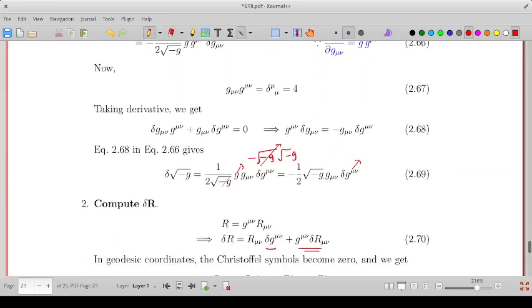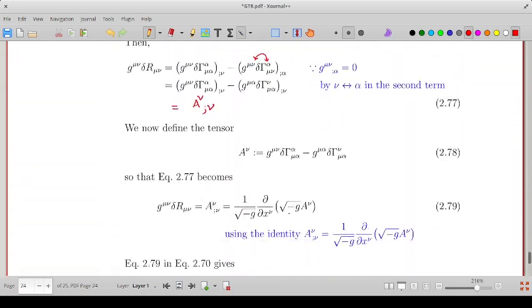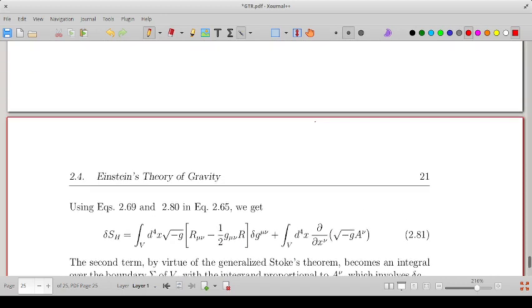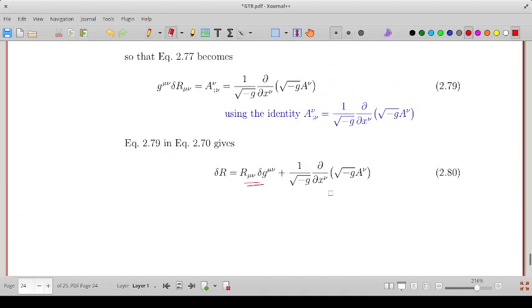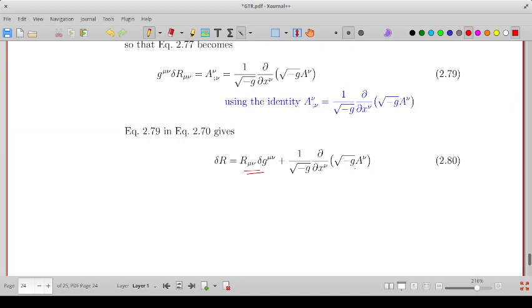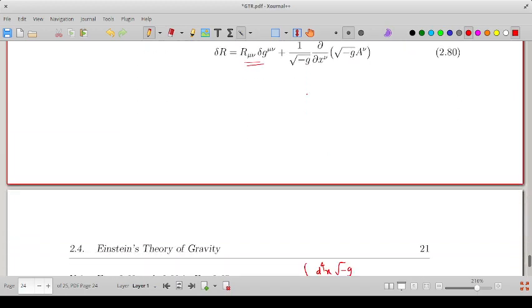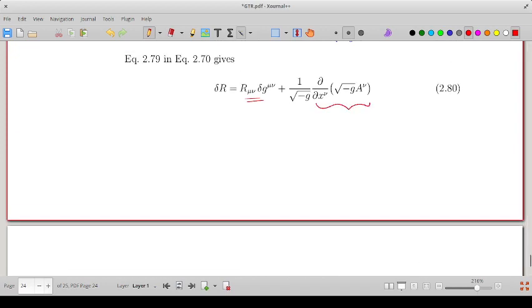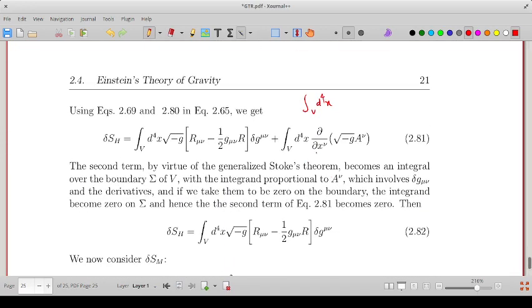So that is what is appearing here, plus the other factor, which is the second factor over here. So the integral will be over d4x, then square root of minus g, then this factor. This factor has a 1 by square root of minus g, and therefore this cancels, and the only term that remains is this. So that's exactly what we have written here.